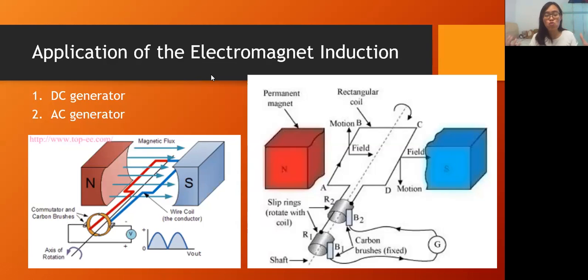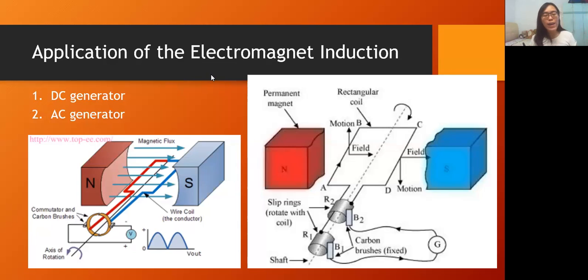So they need a current to produce electricity to light up the bulb. That is where the generator comes in. The thing you pull is actually the generator, and a generator uses electromagnetic induction to induce current, which then produces electricity to light up the bulb.